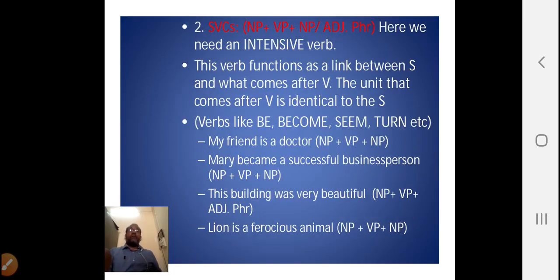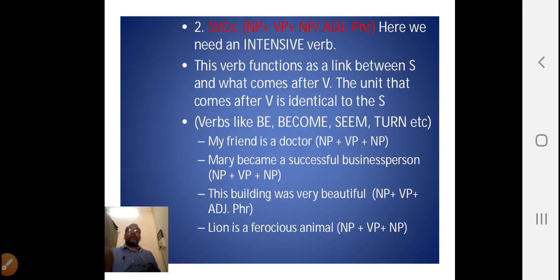The next type is subject, verb and complement to subject. In other words, it's a combination of NP plus VP plus an NP or an adjective phrase which refers back to subject NP. Now for this structure, we need an intensive verb, the verb which functions as a link between subject and the complement to subject.